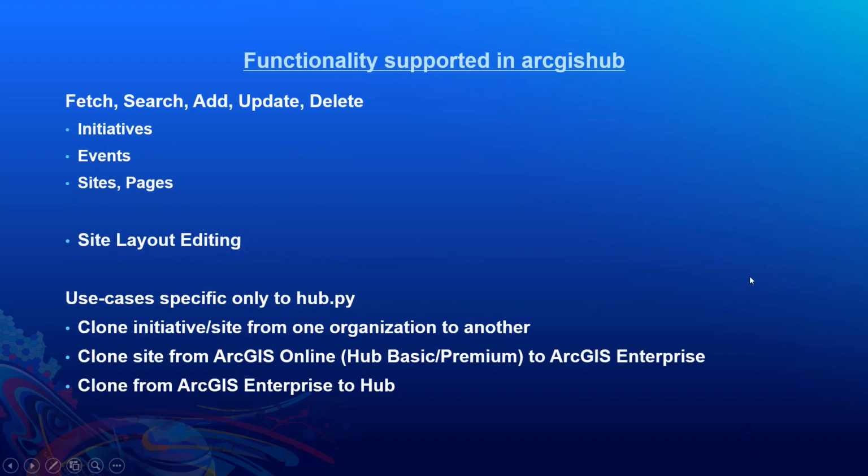The functionality supported in ArcGIS Hub is massive. For each initiative, event, sites, as well as pages, you can fetch a single instance based on its unique ID or unique item ID.